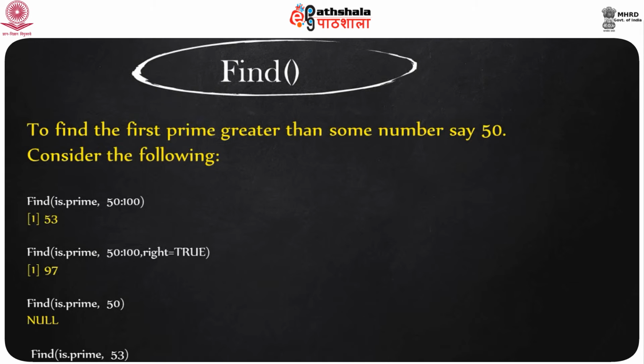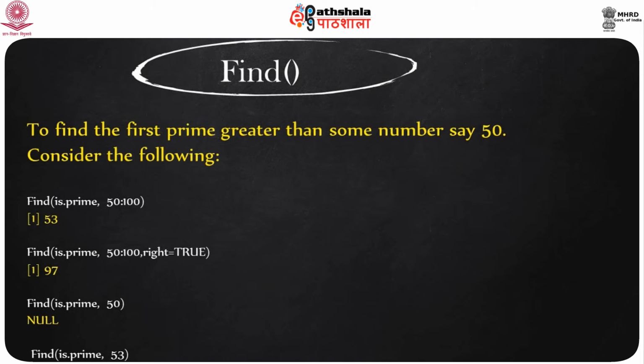So what actually is happening here? Unlike the is.prime function, which will only tell us whether a particular number which we are interested in is prime or not, this function will start finding the prime number from 50 onwards, as the range given is 50 to 100.